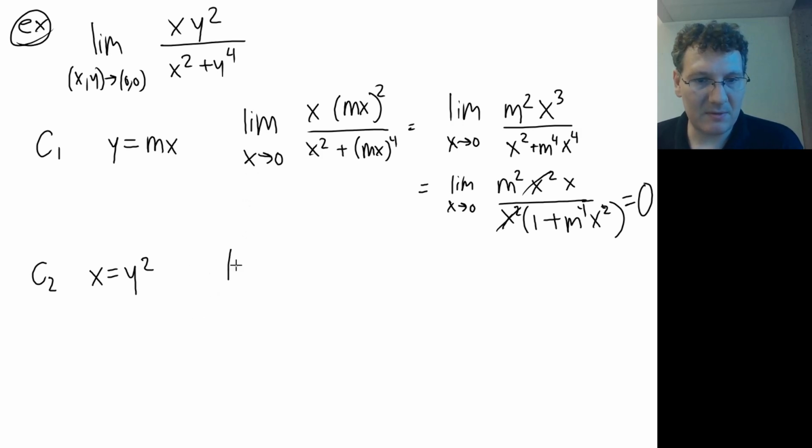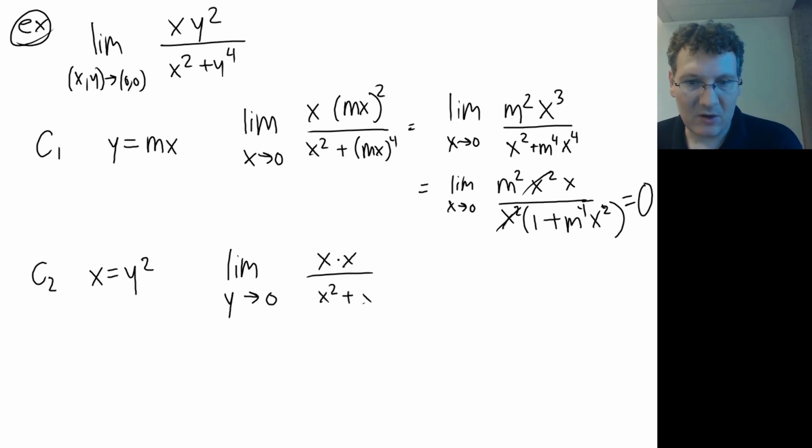So then this limit is going to become the limit as y goes to 0. In the numerator we have x times x, and down below we'll have x squared plus y to the 4th.